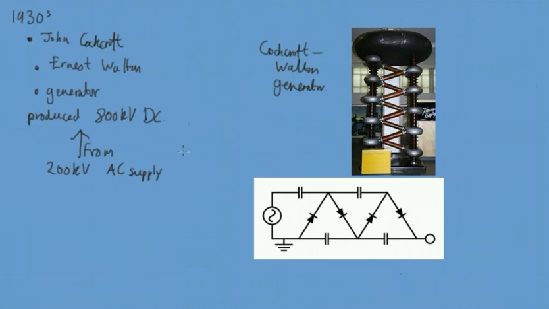So this was the first time they were able to take an AC supply and turn it into a DC supply in this way. And when they did this, they were able to accelerate protons to a lithium target. So you have your protons, and they accelerated them to a lithium target.